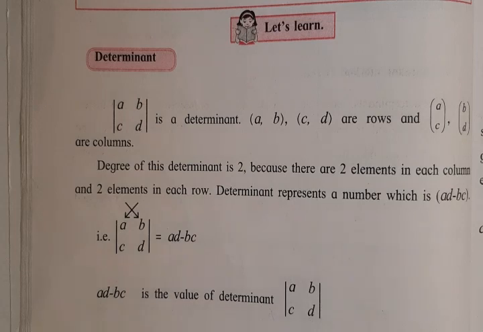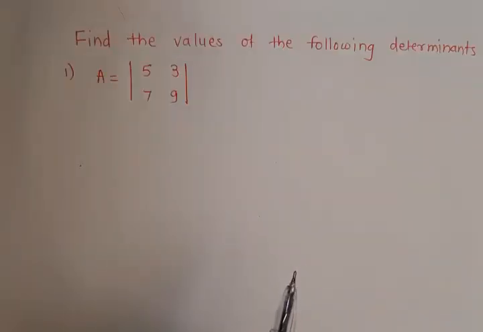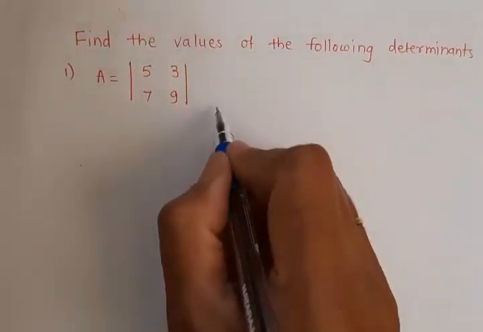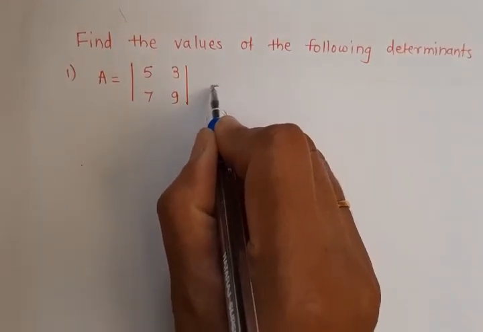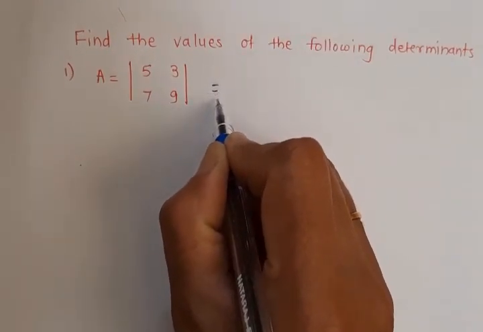Now we will discuss one example based on the determinant. Find the value of the following determinant. A equals 5 3 7 9. Just keep in mind, a determinant is always written with a capital letter, so here the determinant is represented by letter A. Now we have to solve this determinant. According to the steps, first of all we have to do the cross multiplication, ad minus bc.